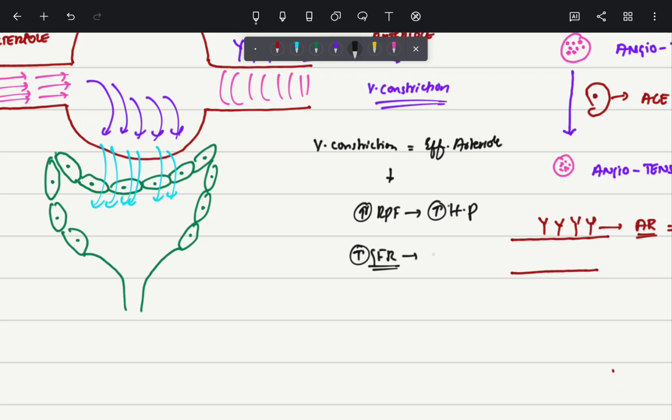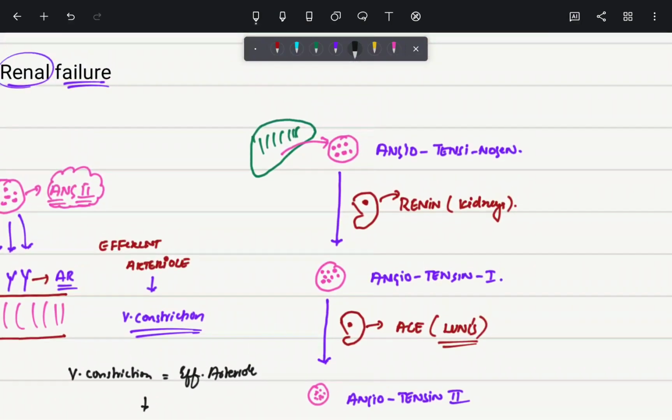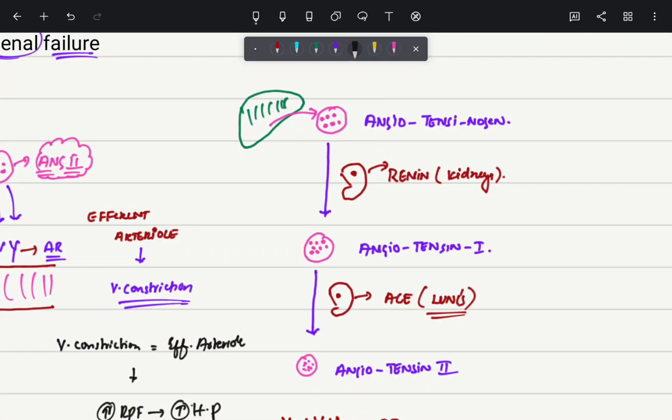In simple words, we can say that the kidneys are well hydrated or well perfused in case of efferent arteriolar constriction.